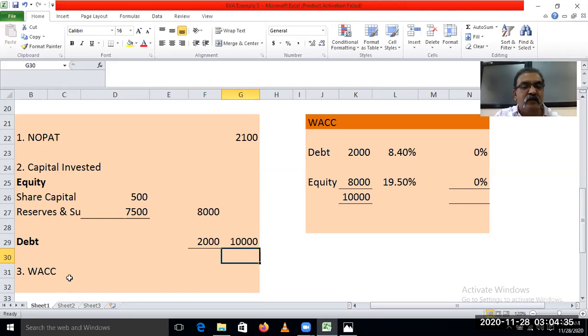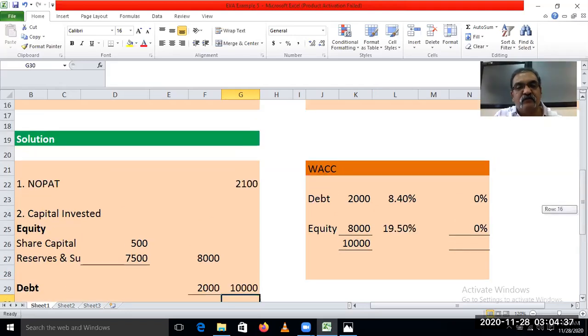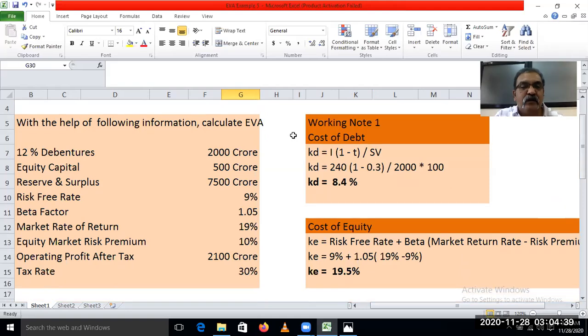Now the third component is weighted average cost of capital, which is not given to us directly. Some information is given relating to that. For debt, the debentures interest rate is known to us.